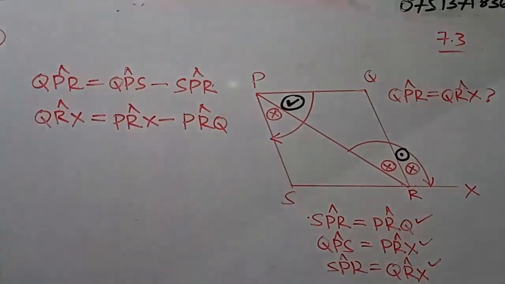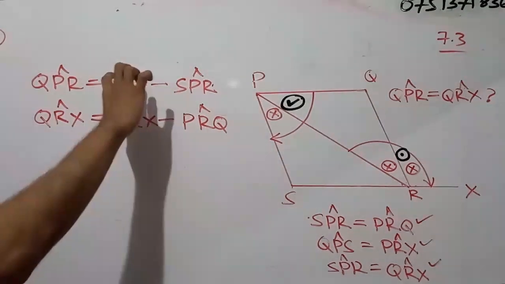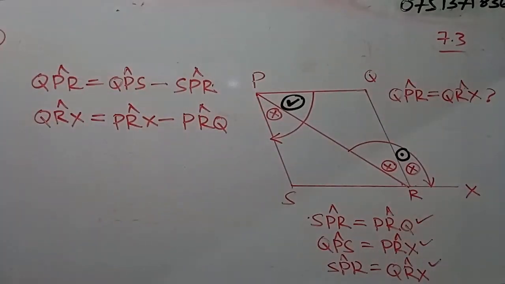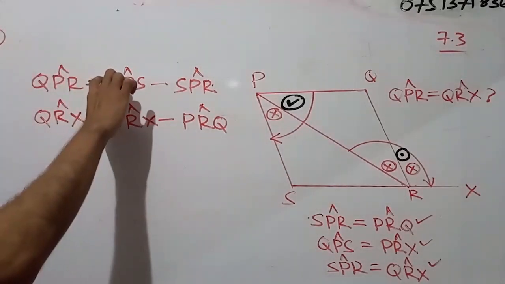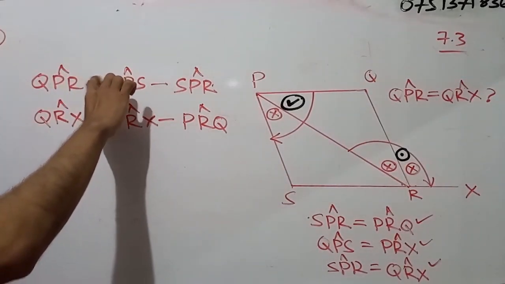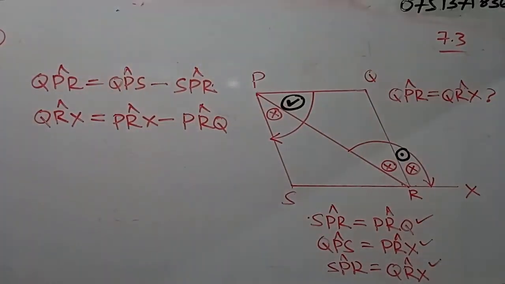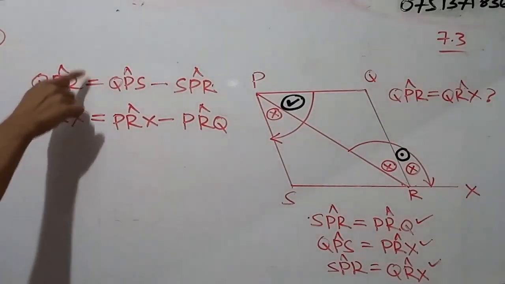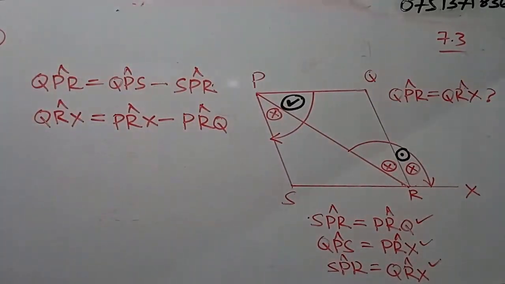So what does that mean? That means these two values must be equal. Why? According to axiom 3: if equal values are subtracted from equals, the remainders are equal. So what can we say? These two angles are equal. We have to write those in a proper manner.